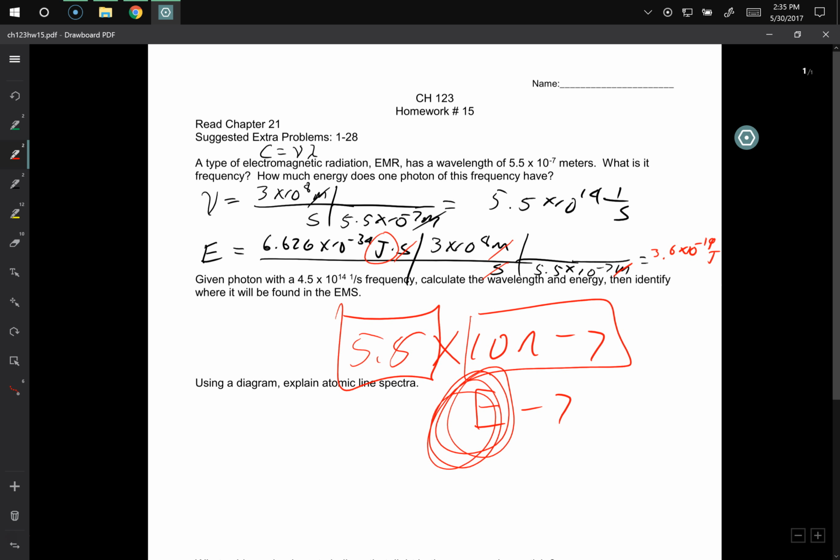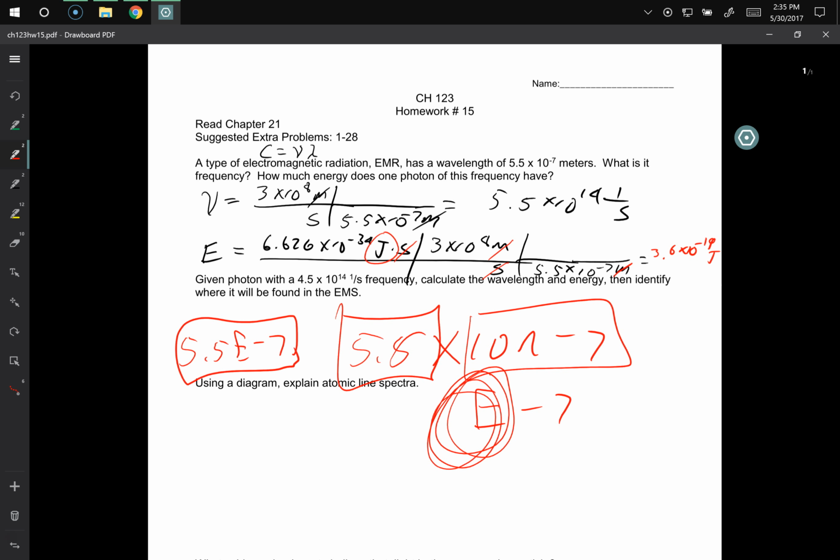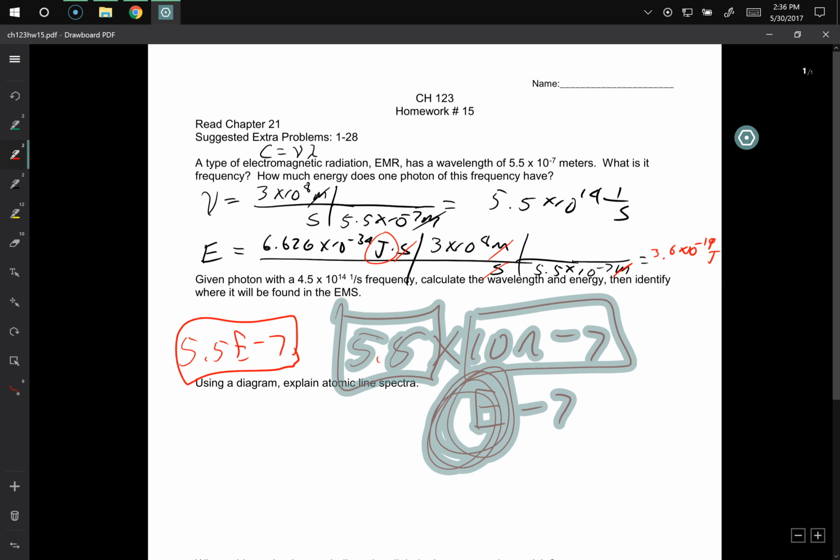But if I put 5.5e negative 7, it sees that as a single number. So you got to use that e. What calculator do you have? You're using Google? Oh, I don't know what Google Calculator does, but I'm sure that probably works. It's probably also got to have an E on it. That would be my guess.